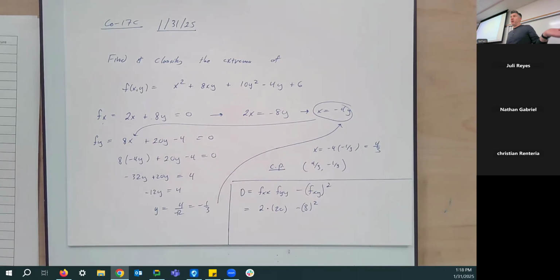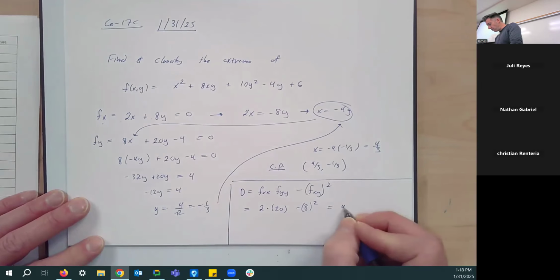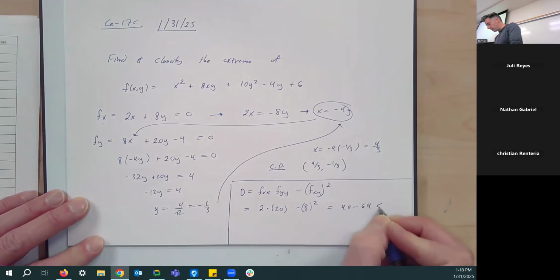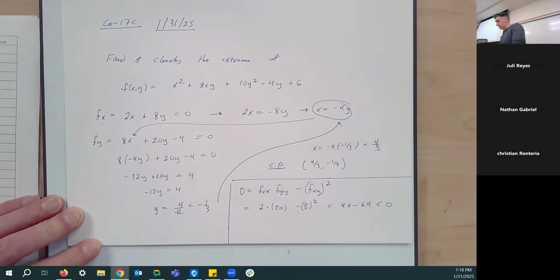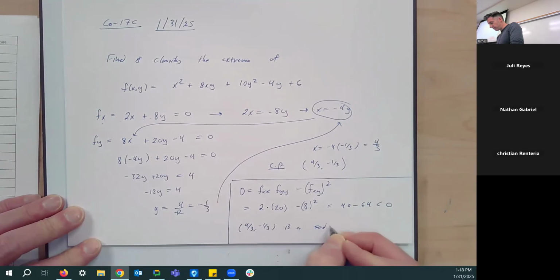We just get this value. That happens more often if your function only has one critical point. If you have multiple critical points, you're often going to have a D where you have an x or a y to plug into. So in this case, we get 40 minus 64, which is negative, meaning we have a saddle. So 4/3 comma negative 1/3 is a saddle.